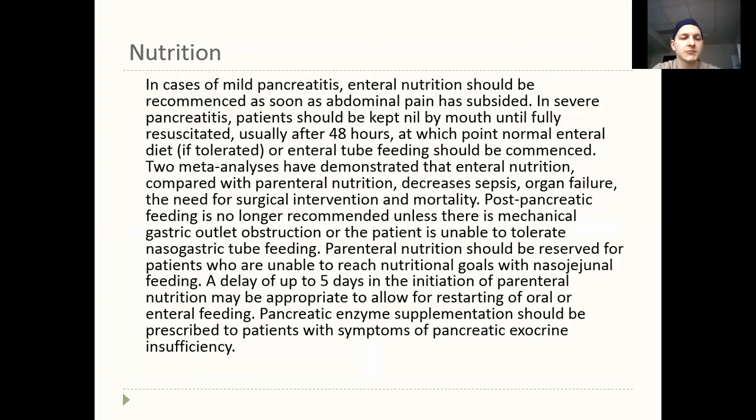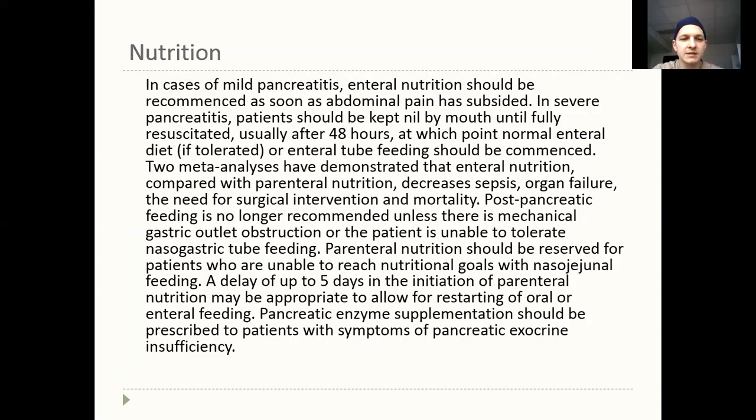Nutrition. In cases of mild pancreatitis, enteral nutrition should be recommended as soon as abdominal pain has subsided. In severe pancreatitis, patients should be kept nil by mouth until fully resuscitated, usually after 48 hours, at which point normal enteral diet, if tolerated, or enteral tube feeding should be recommenced.